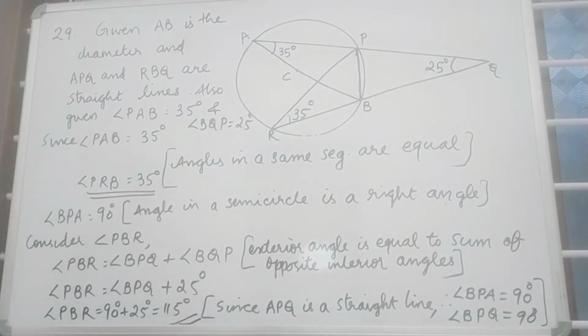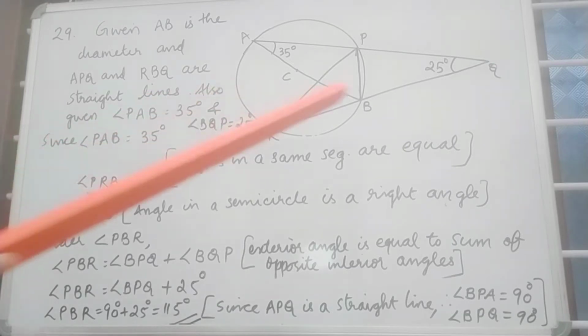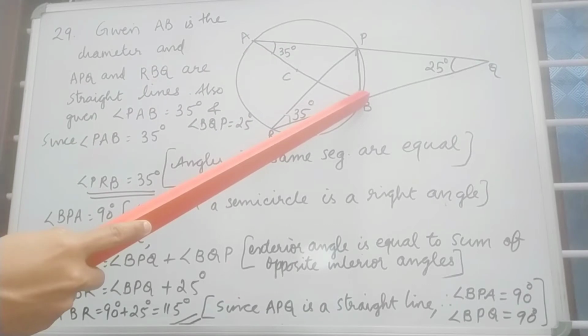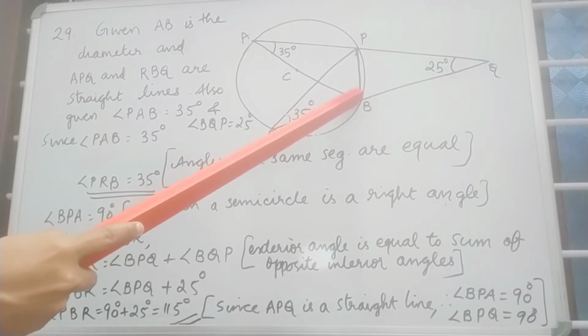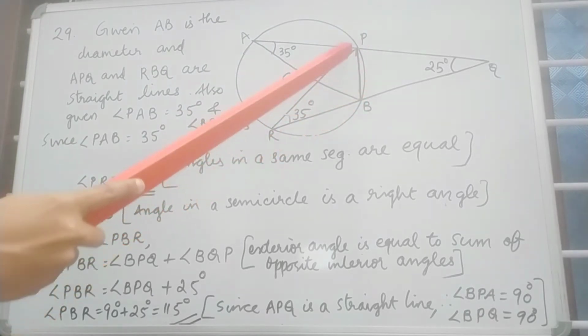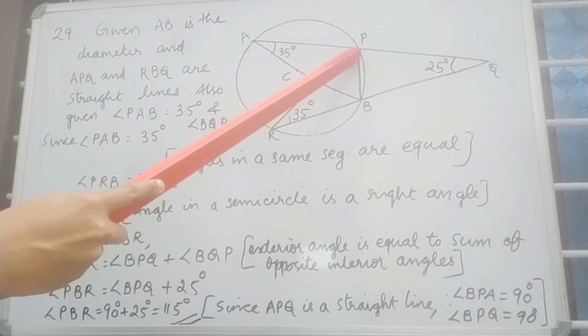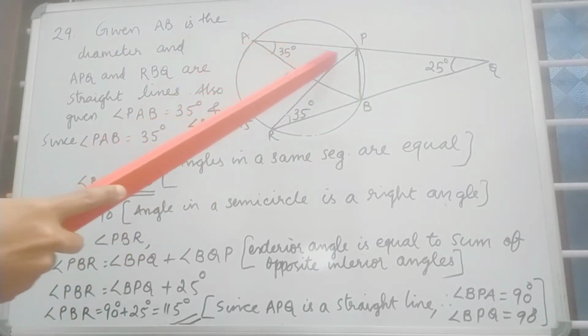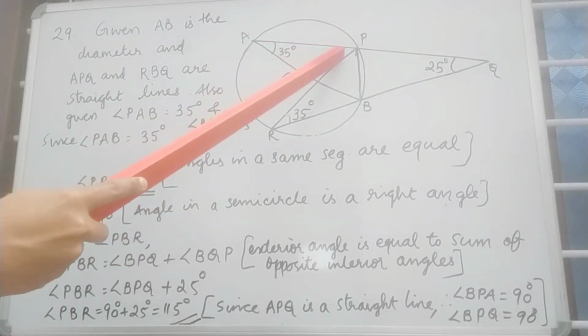Next, consider angle BPA. Given AB is the diameter. Since it is the diameter, APB will be 90 degrees, since angles in a semicircle are right angles.